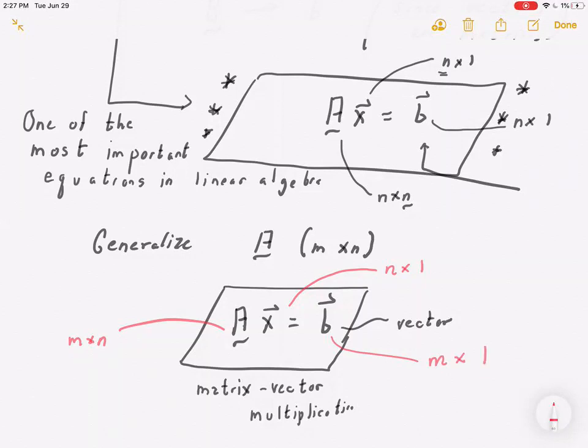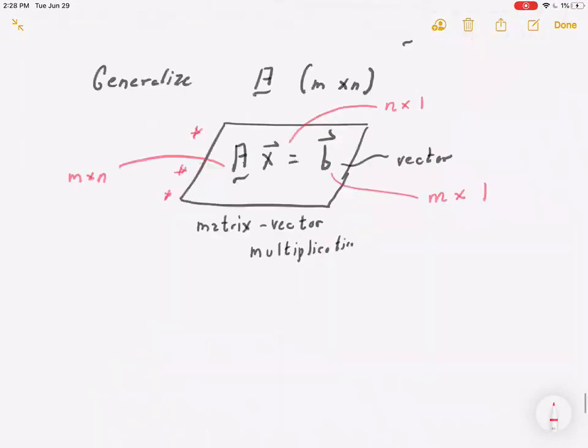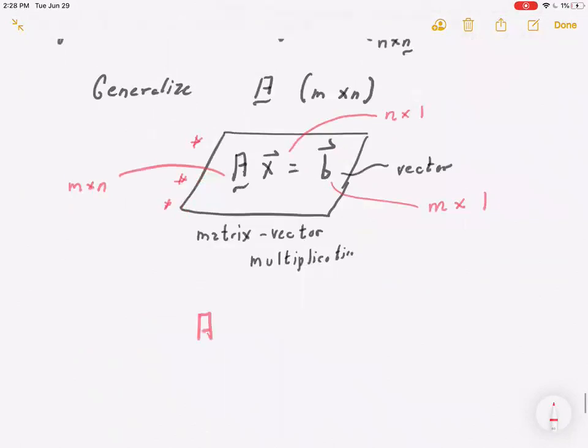So this general expression applies for 3 cases. A could be a square matrix: the number of rows equals the number of columns. It could be a tall matrix, where the number of rows is greater than the number of columns.